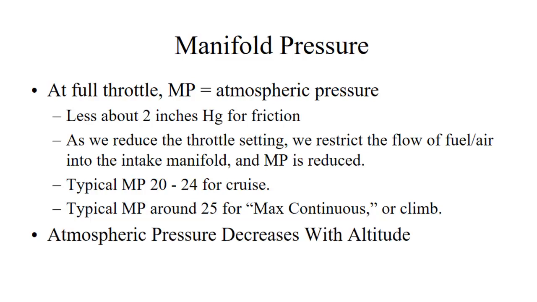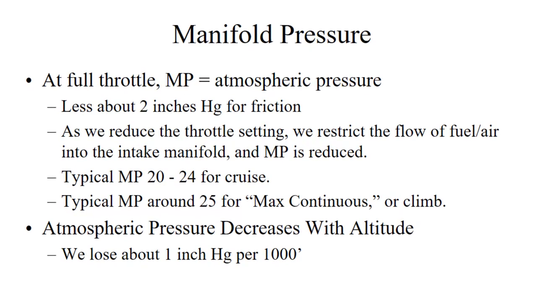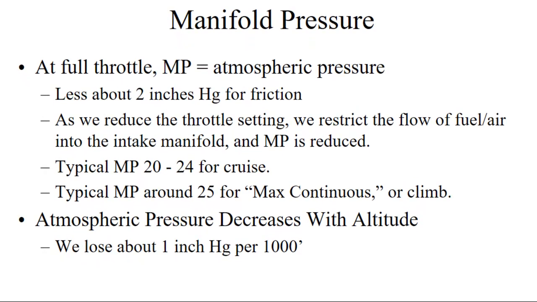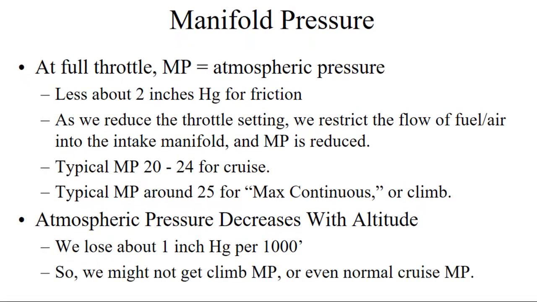Atmospheric pressure decreases with altitude, so we're going to lose about 1 inch of mercury of manifold pressure per 1,000 feet, whether we're at full throttle or at climb or cruise. And so we may not be able to get our normal climb manifold pressure once we get past a certain altitude.